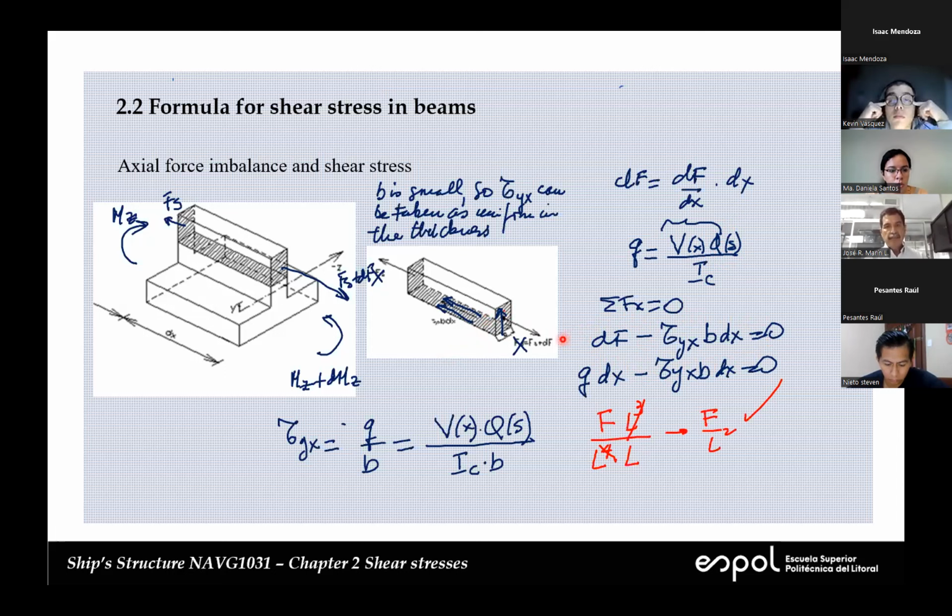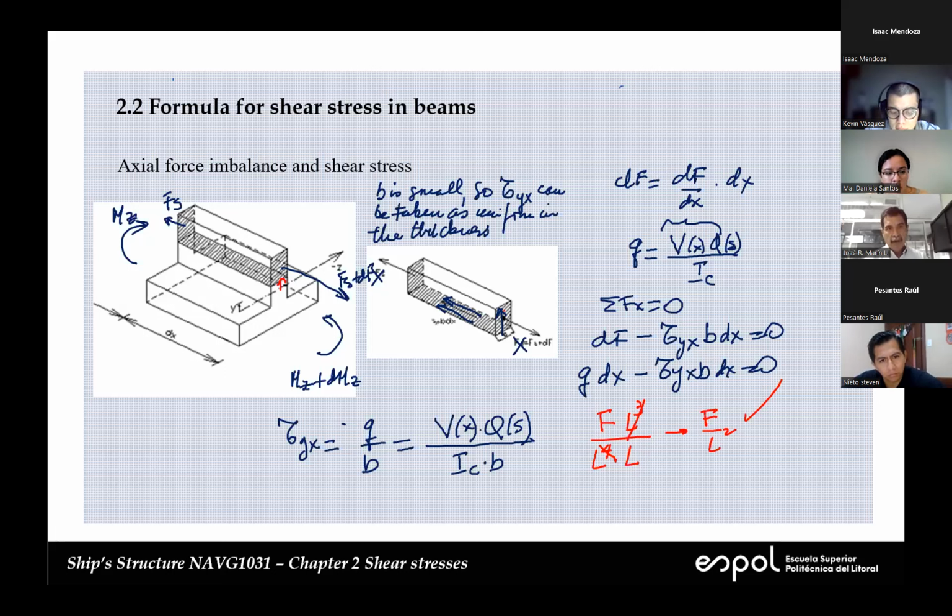This is very interesting, people. Let me insist here, okay? This is the neutral axis, and this is the direction where we are making the cut. So this face down here is a negative face, right? Because the normal is pointing in the opposite direction which defines the position of this cut.